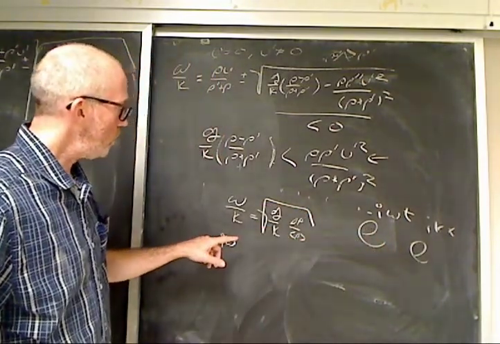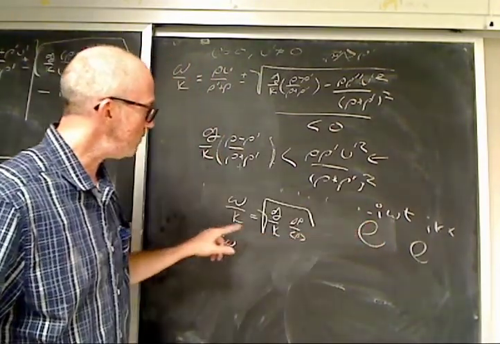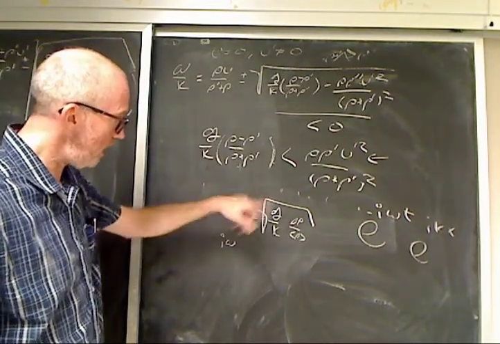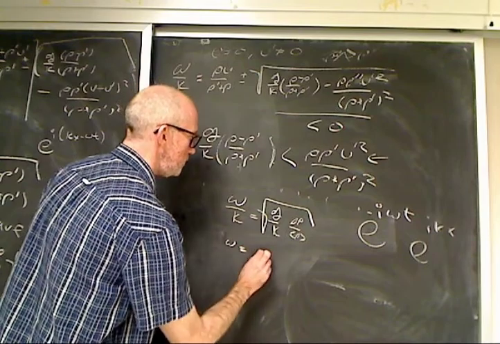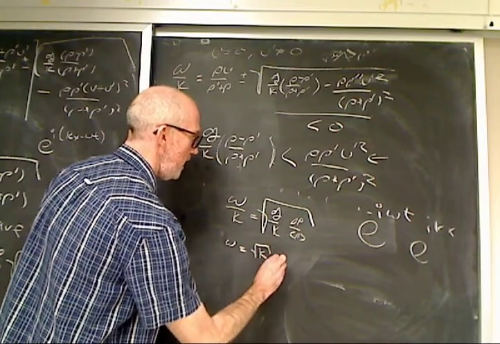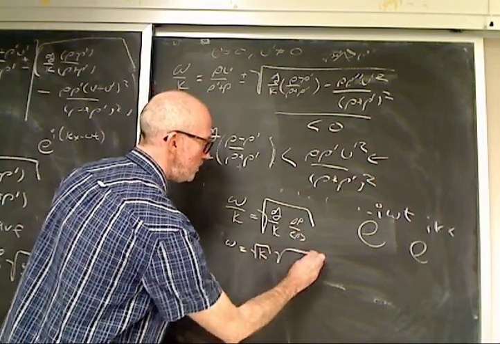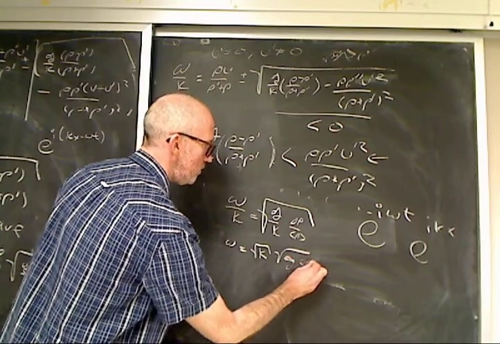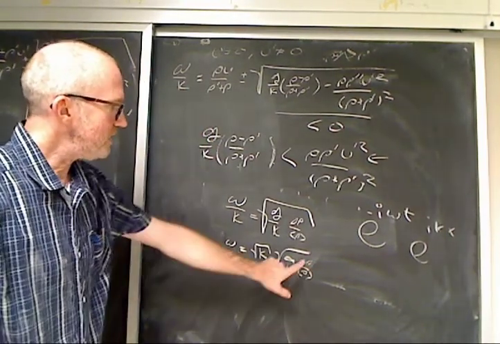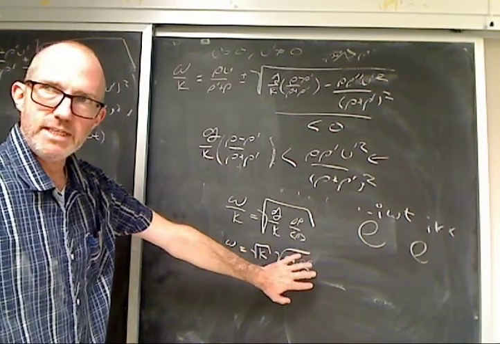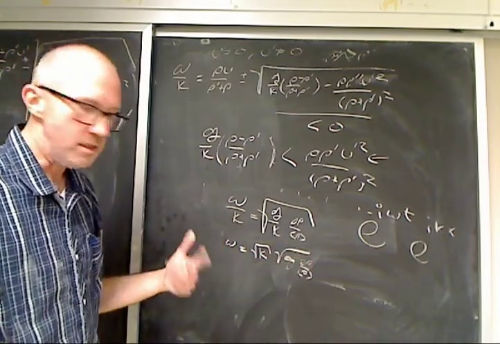But I just want omega, not omega over k. So I get the k to the other side, and I'm left with omega is just equal to the square root of k times the square root of g delta rho over average rho. So this is a parameter of the system that stays the same because you're not changing the density of the fluids.